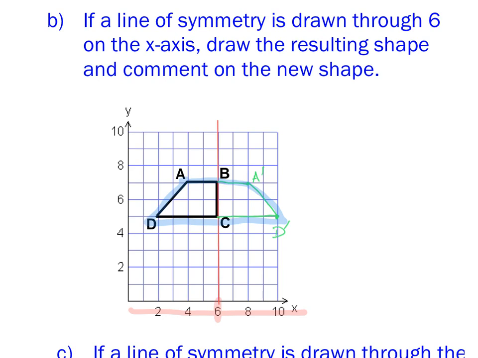It's a quadrilateral, but what type of quadrilateral is it? It's a trapezoid. How do I know it's a trapezoid? A trapezoid is a quadrilateral where 2 of the sides are parallel.